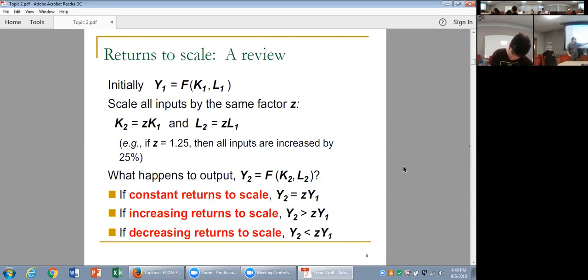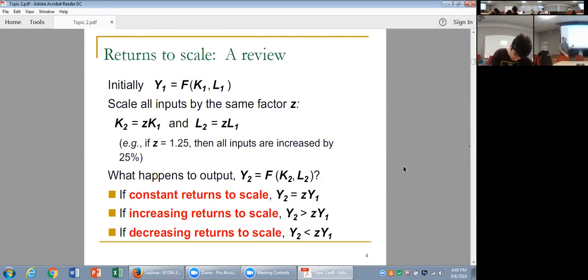Here, increasing the inputs by 25% generated more than a 25% increase in the output. And the other way to say it would be, to get the output to increase by 25%, I would have to increase the inputs by more than 25%. It's the inverse way of thinking of it.